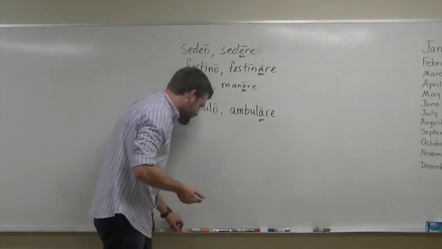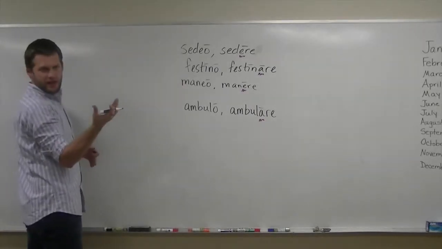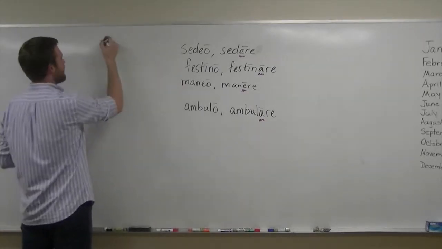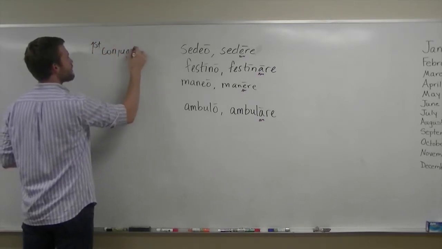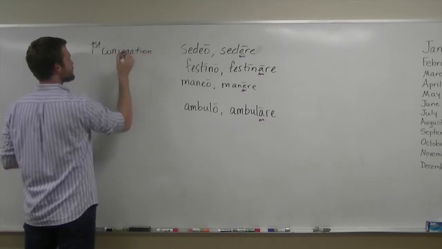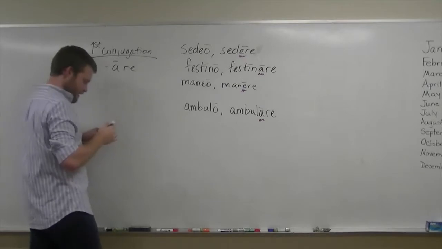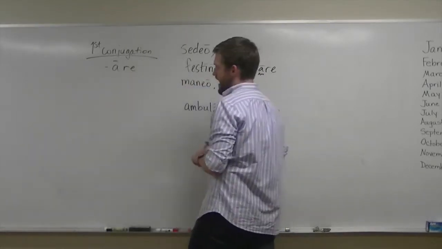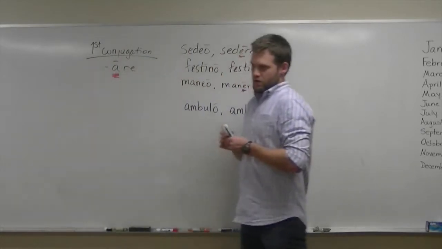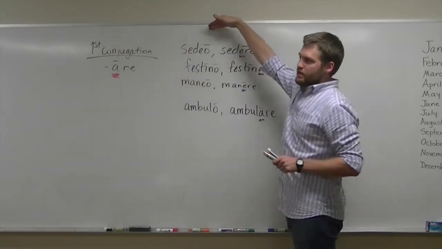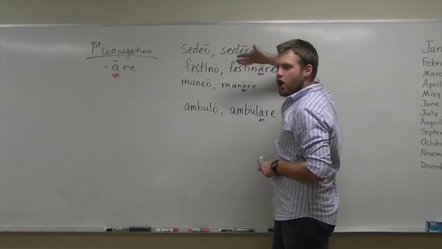Okay? So the first conjugation is going to, and this is where it is nice being an English speaker, follow our alphabet. So the first conjugation pattern is going to go A, R, E. And I'm just going to quadruple underline the A. A, R, E. So we can always go to the infinitive, and I can look at the infinitive and ask, is there an ARE ending?